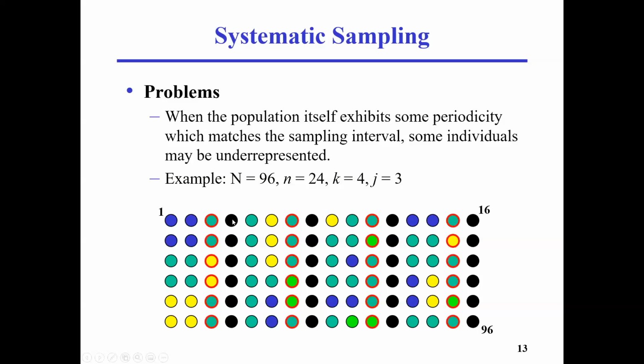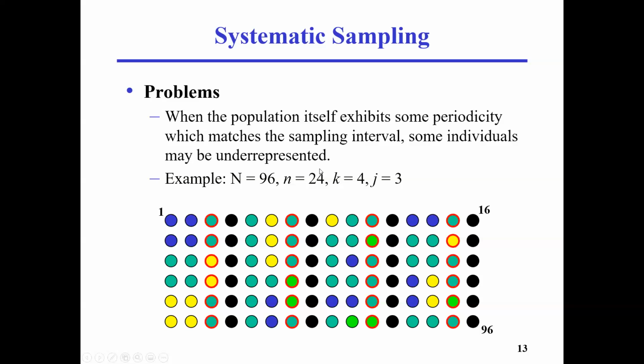And from this black circle, 1, 2, 3, 4, 5, then yellow, right? Then 1, 2, 3, 4, 5, 1, 2, 3, 4, 5. I mean, if k was 5, it's better. At least some black circles will be collected.